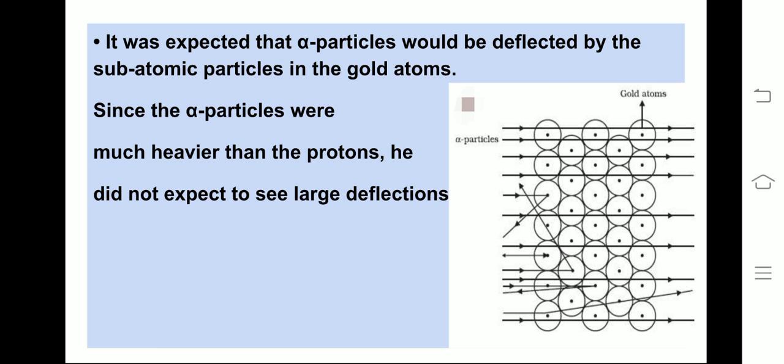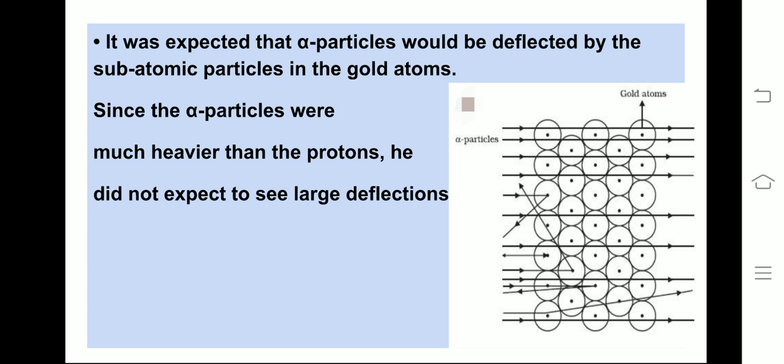It was expected that the alpha particles would be deflected by the subatomic particles present in the gold atoms. Since the alpha particles were much heavier than the protons, he did not expect to see large deflections. The diagram shown here is the scattering experiment done by Ernest Rutherford.